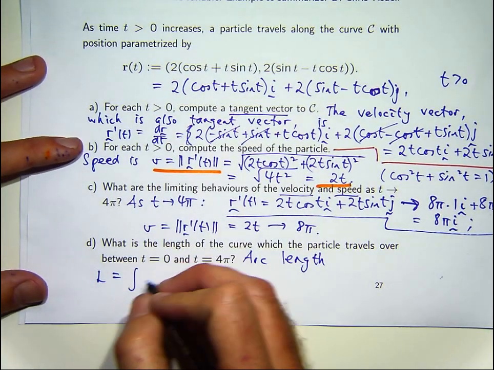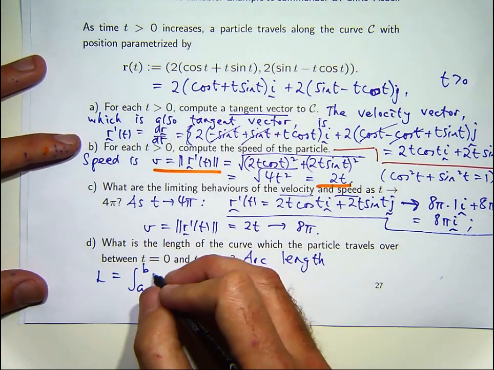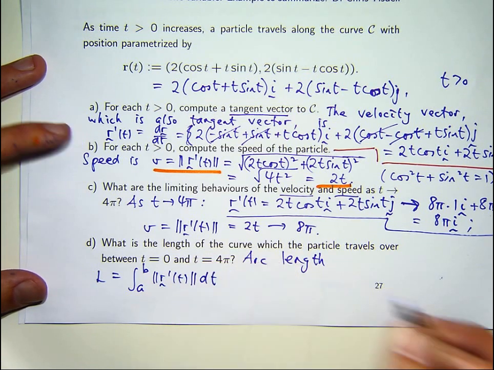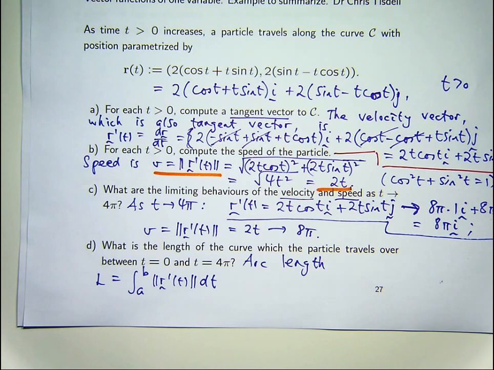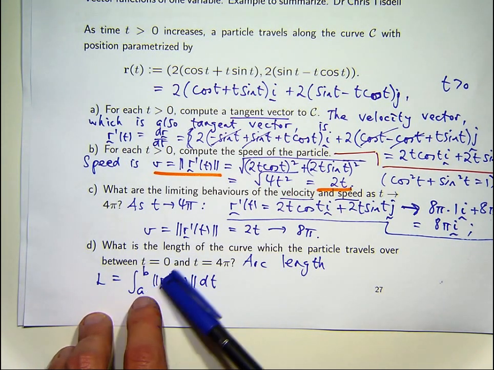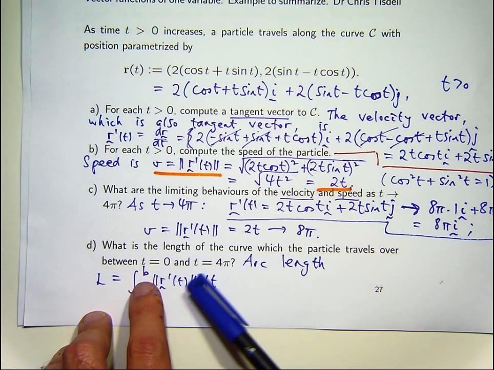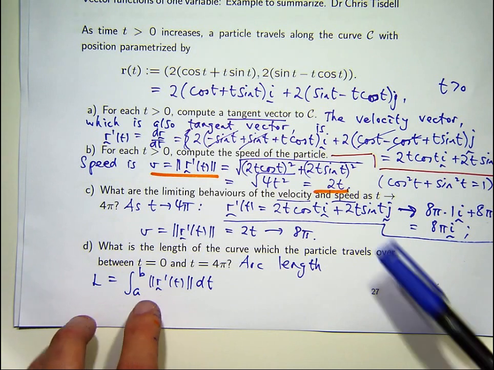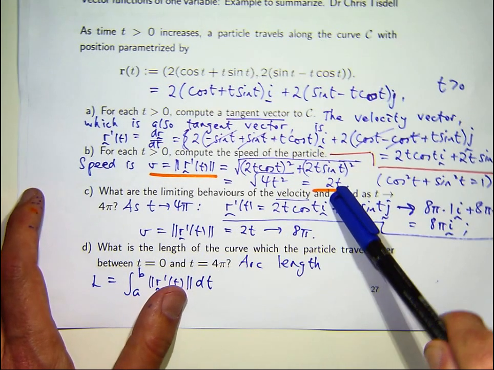It's just the integral essentially of the speed between these numbers. So in this example, little a would be 0 and little b would be 4 pi. Now I've calculated the speed at any time t. It's up here, it's 2t.